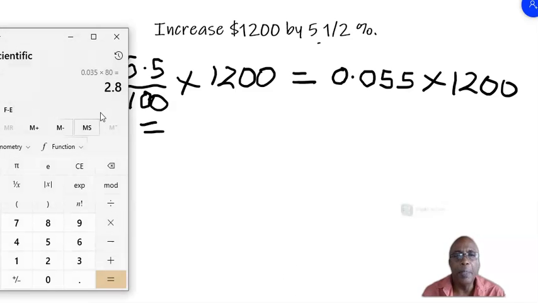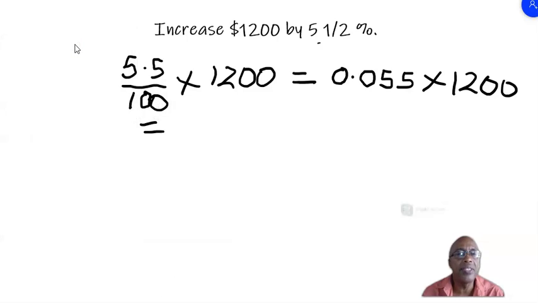Calculators, let's multiply 0.055 times 1200. We get $66. So 5.5% of 1200 is $66.